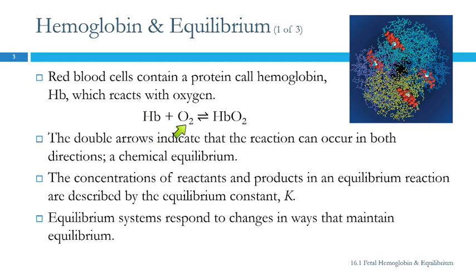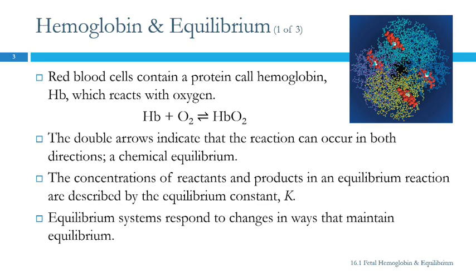So this can react with oxygen and form a complex. There's a double-headed arrow here, and that means that this reaction proceeds in both directions, a chemical equilibrium. Not all equations or reactions can do that, but many can. So it can go in the forward direction and in the reverse direction.